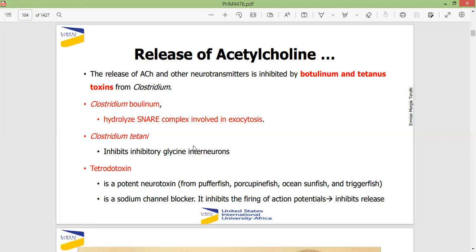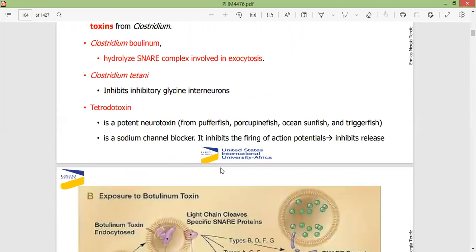Acetylcholine has gone and activated a contraction, and then the glycine is supposed to check and balance. But once you inhibit the glycine, it means acetylcholine action goes unchecked. There's no balance, no check for acetylcholine. Hence, there's this prolonged contraction, or that spastic paralysis, sometimes also known as lockjaw.